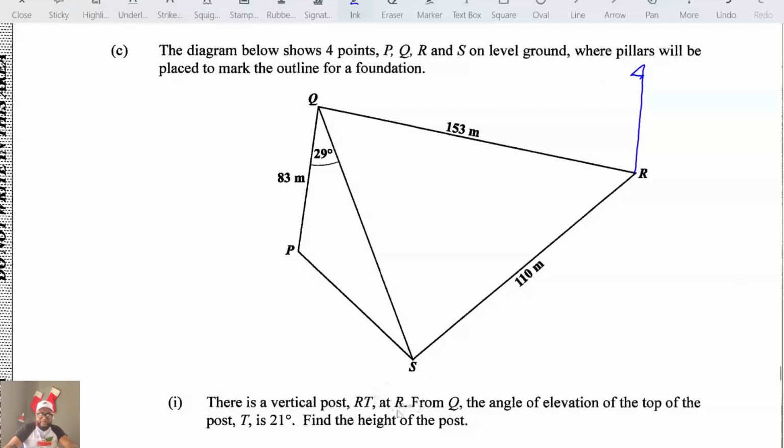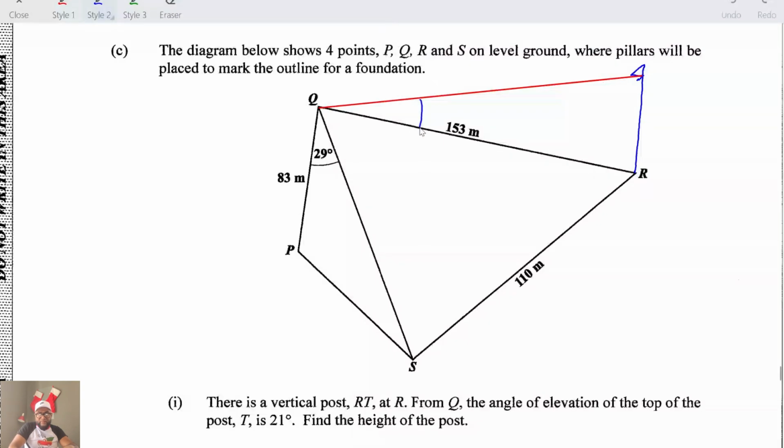From Q, the angle of elevation of the top of the post T is 21 degrees. So that actually means that you have a line coming from here to here, forming an angle of elevation of 21 degrees here.